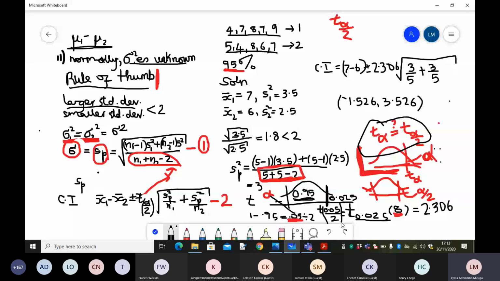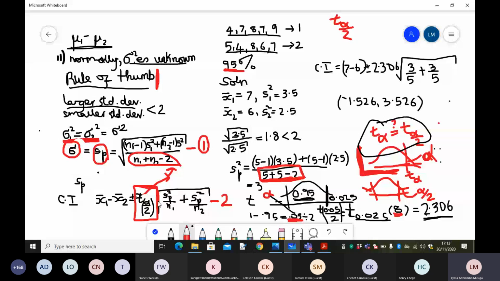And that gives us T 0.025, and then 8 degrees of freedom. So from the tables, it was 2.306. I remember one of the students asked why 2.306 was replacing something. Yes, this 2.306 replaces the whole of T alpha over 2.